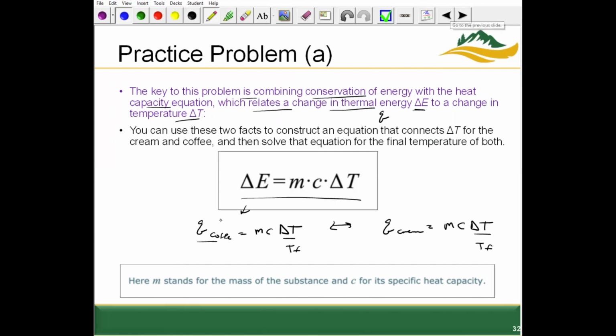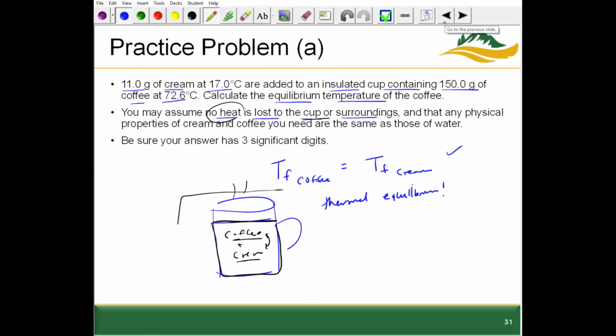Let's first figure out which one is gaining heat and which one is losing heat. If one is gaining heat, it's going to have a positive Q. If one is losing heat, it's going to have a negative Q. The cream starts out at 17.0 degrees C. The coffee itself is at 72.6 degrees C. So as they're reaching a final temperature, definitely the coffee is losing heat and the cream is going to gain heat.